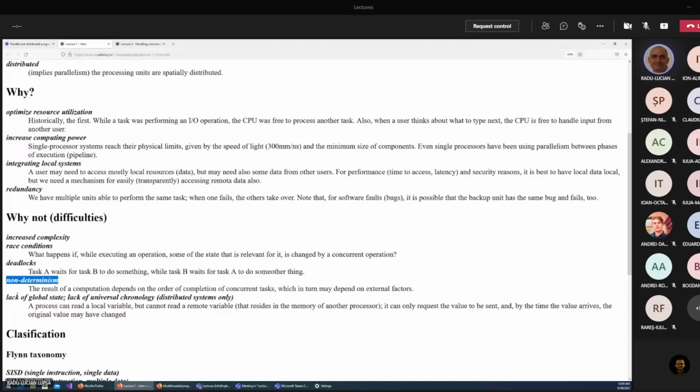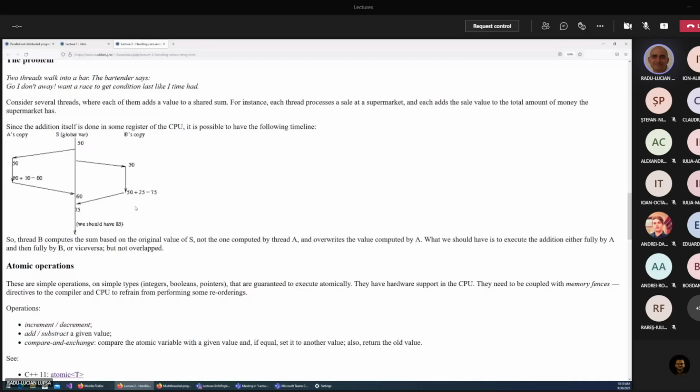Because, let's go back to this picture, what exactly will happen in a system like this depends on the order in which various operations are scheduled by the operating system. And we have no control over that. So several runs of the same program may lead to different results. And that may be problematic in two cases.